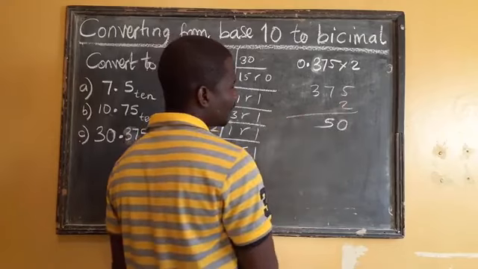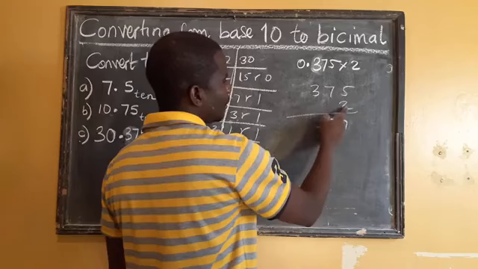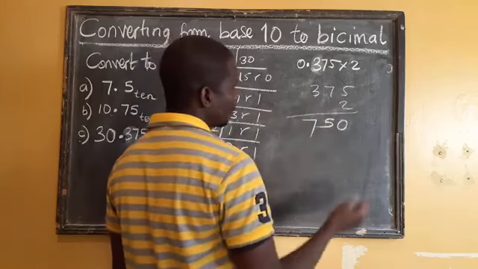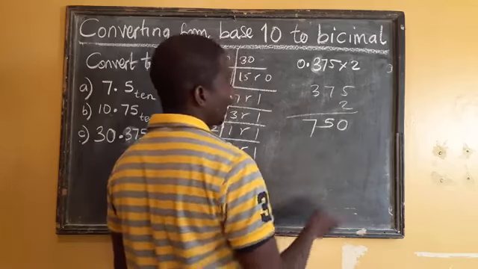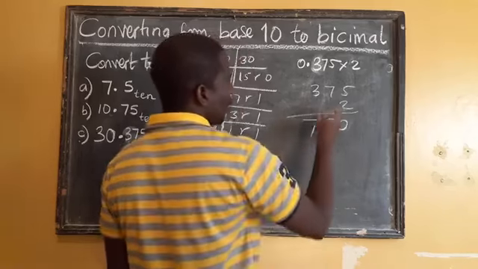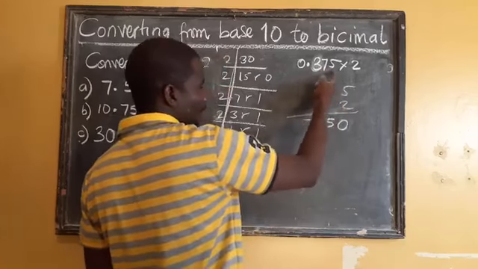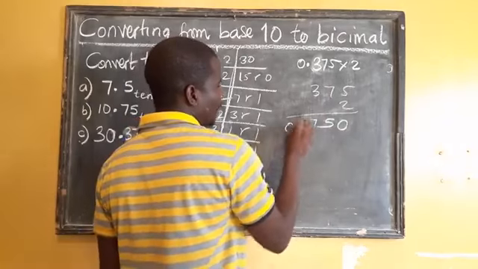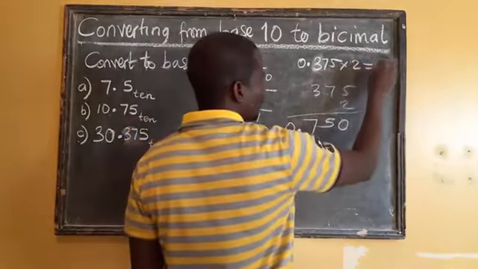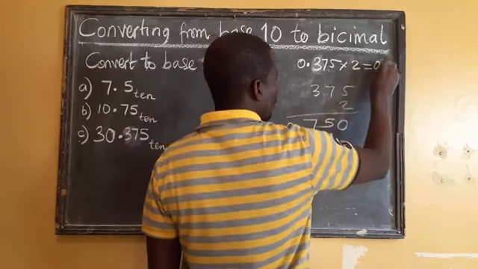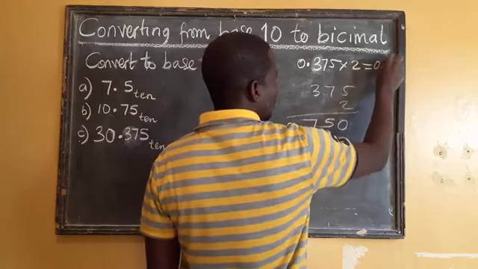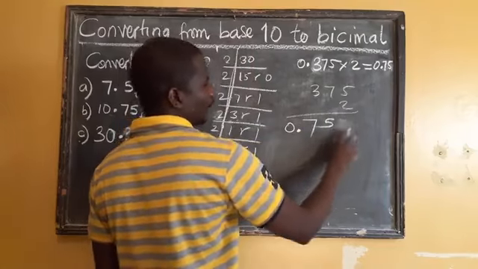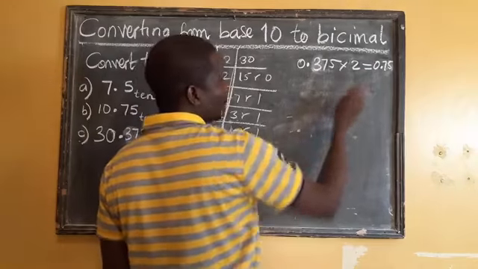This will give us 7. This will give us 6 plus that one. That's what we are going to get. And what will be the final answer? How many decimal places do we have here? We have 3 decimal places. So 1, 2, 3. So what we're going to get here is 0. This we can leave out. It's okay.